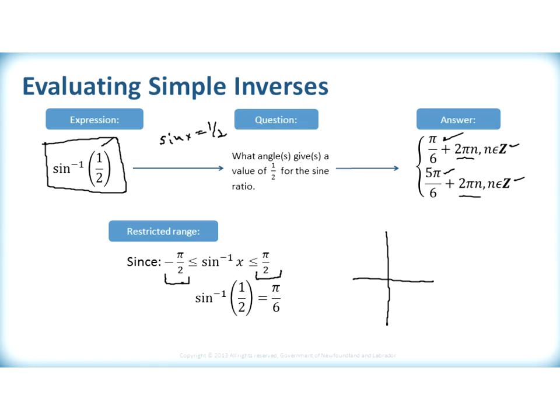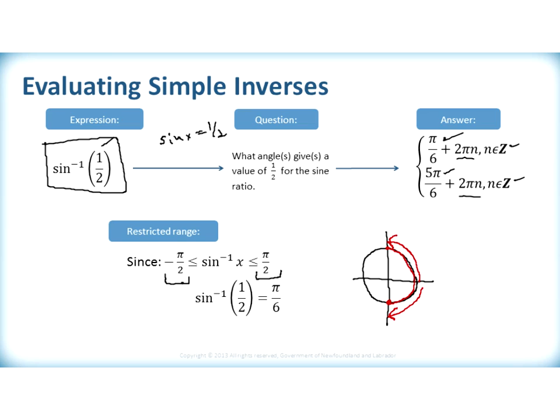Let me give you a quick diagram. This is a bad diagram, but if I think of this as a unit circle, when I'm evaluating an inverse sine using principal values, I've got to be between negative pi over 2 and pi over 2. I can go in this direction as far as the y-axis on the unit circle, or in this direction as far as the y-axis.